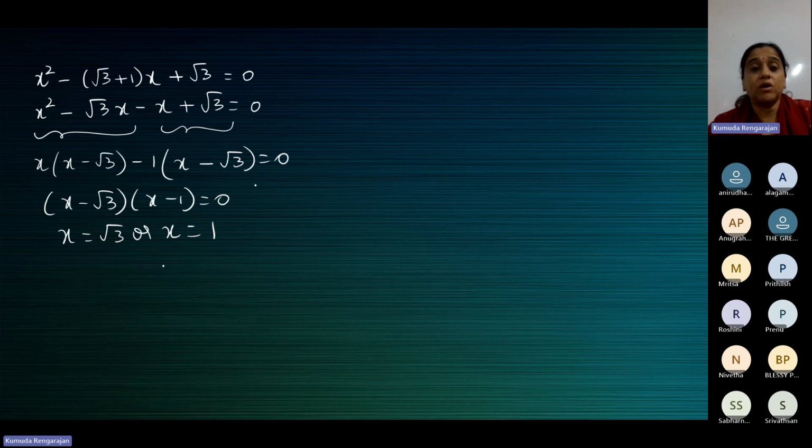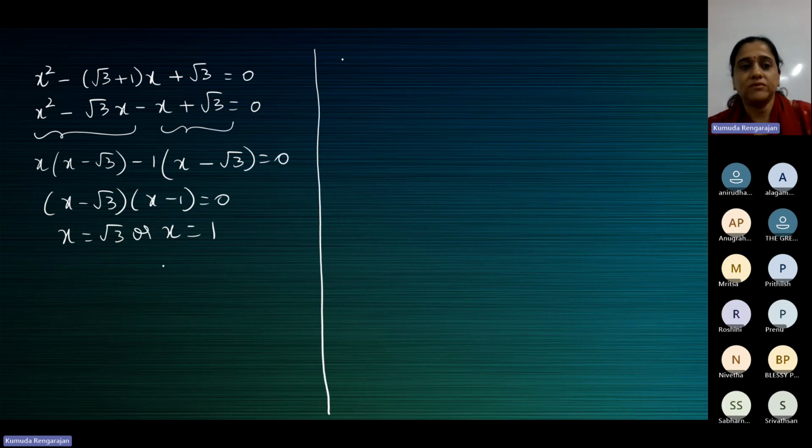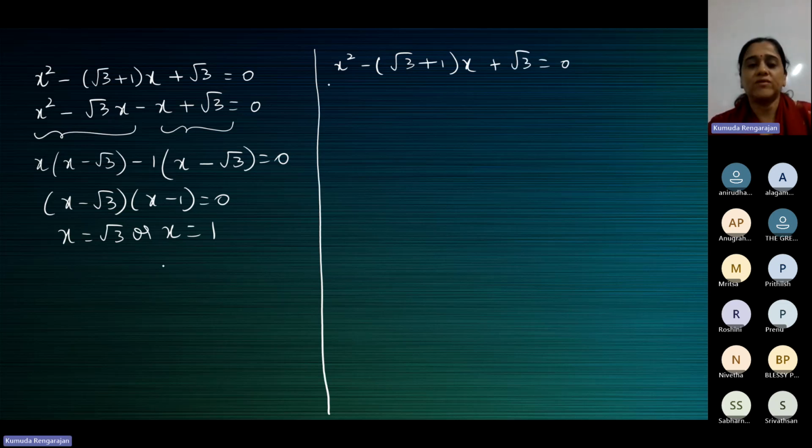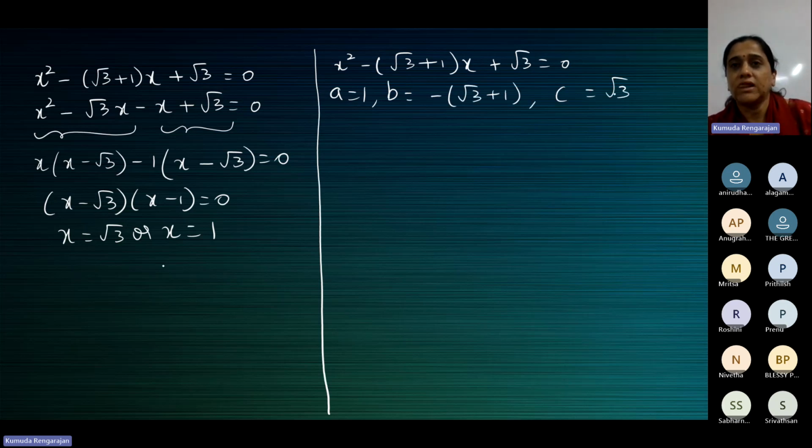But now we are instructed to solve for x by using the quadratic formula, so we cannot do that. So x squared minus (root 3 plus 1) x plus root 3 is equal to 0. What's the value of a? 1. b is minus of root 3 plus 1, and c is root 3.